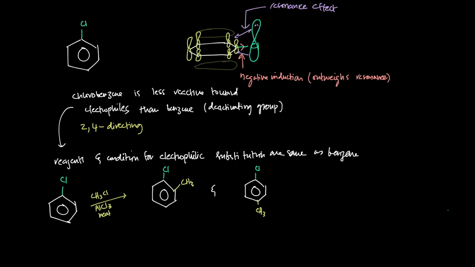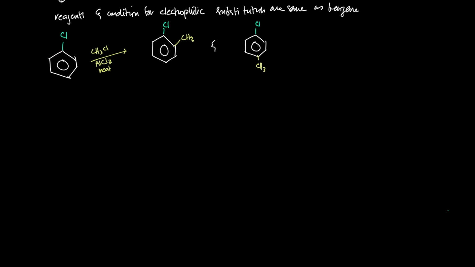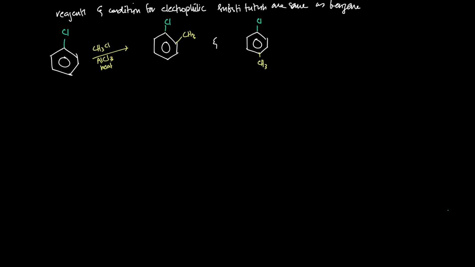So for example, if I want to nitrate over here and have the same thing, for nitration I will use concentrated nitric acid, with concentrated sulfuric acid as my catalyst, and I will warm to around 50 degrees Celsius.